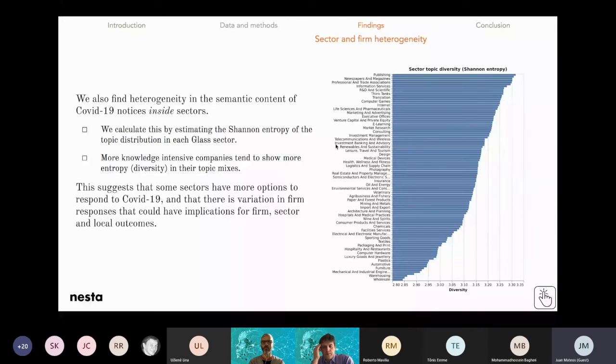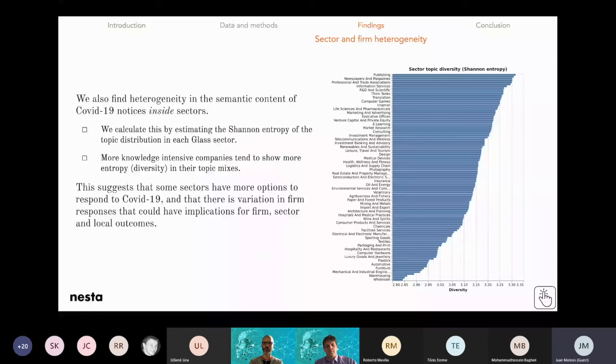We interpret that as evidence that those businesses might have more opportunities to diversify from COVID, whereas businesses which are less knowledge intensive might have fewer opportunities to diversify. This also tells us there is a lot of heterogeneity in business responses to COVID, which is consistent with the idea that the sectoral aggregates we are able to look at through the official data might mask a lot of variation in how businesses are responding to COVID.